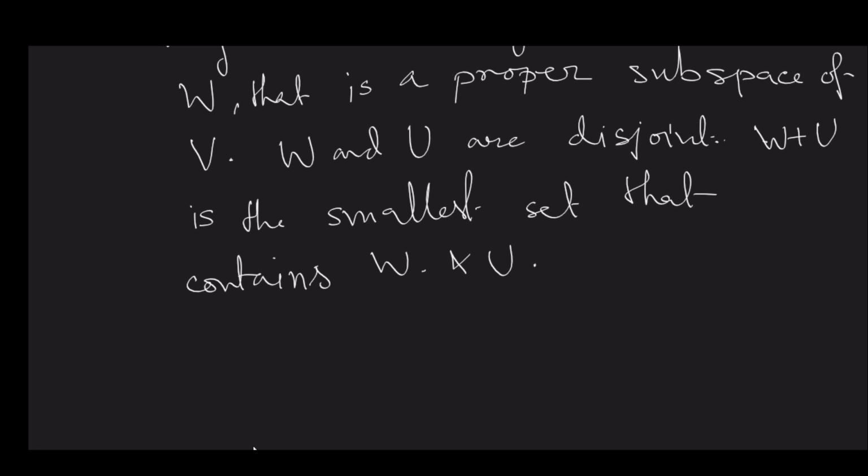Now if we can see that W and U are non-trivial and their intersection means they are totally disjoint, only one common point you will find common in them. Which one? Actually they are not disjoint.